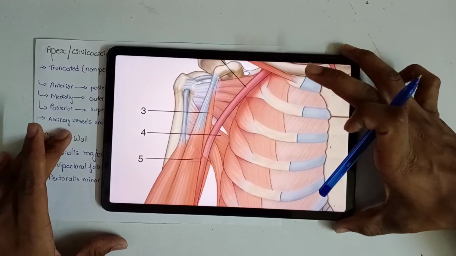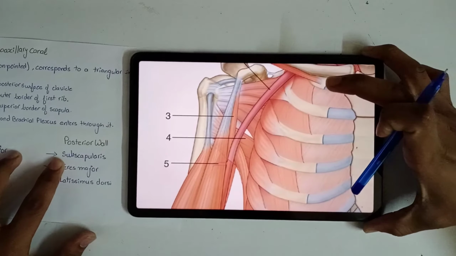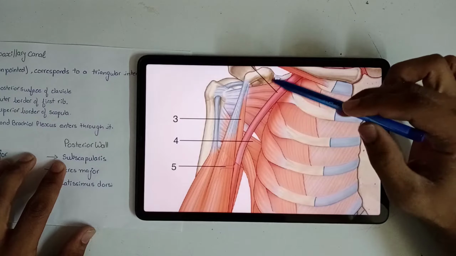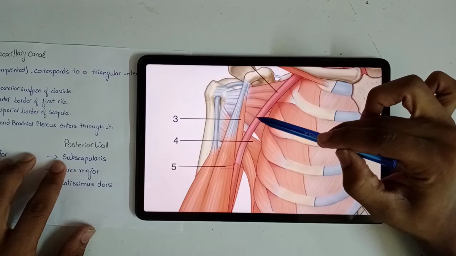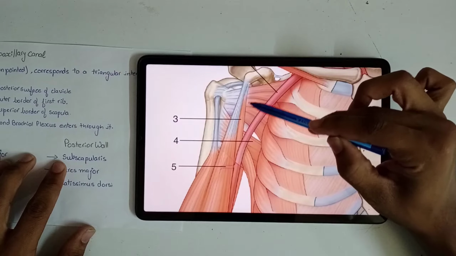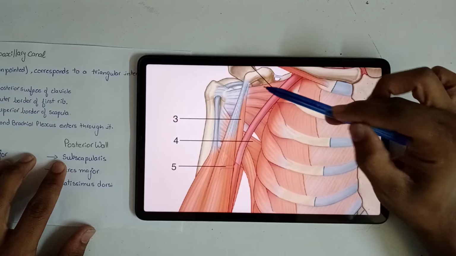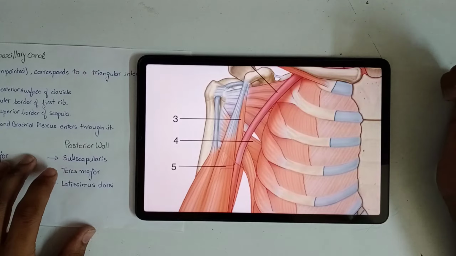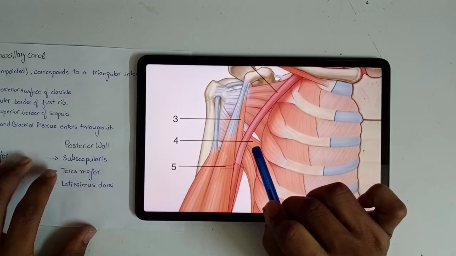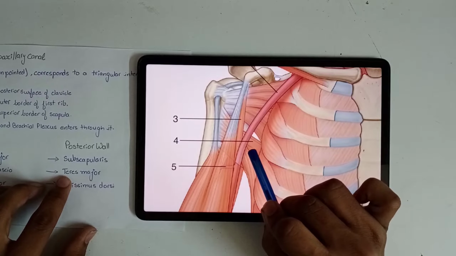Our posterior wall is formed by the subscapularis muscle. This whole muscle is subscapularis. This is teres minor. This is teres major.